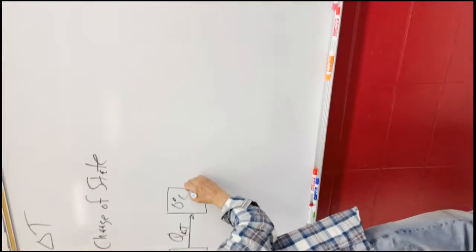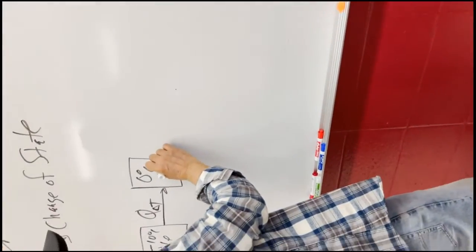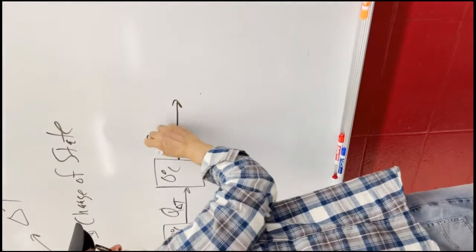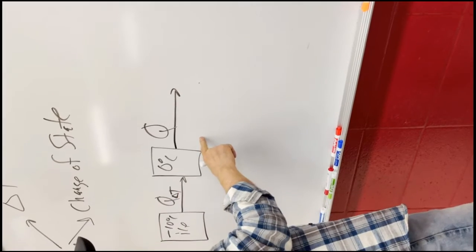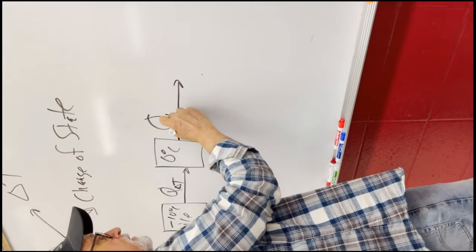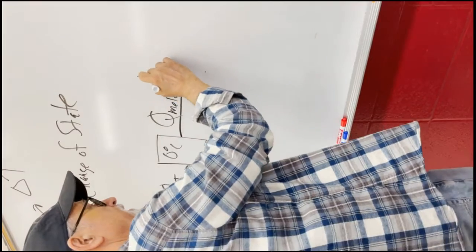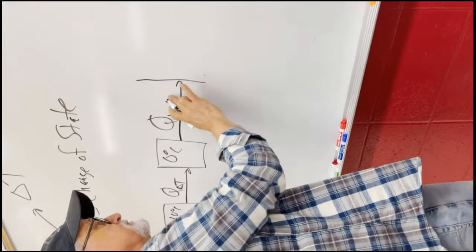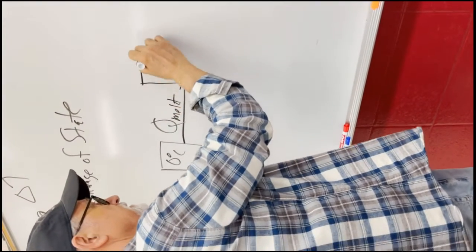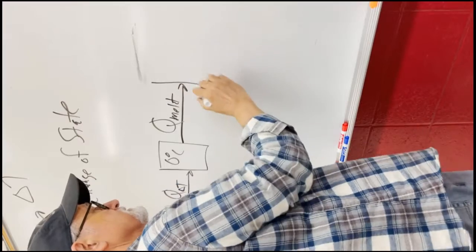Okay, and so then once you're at 0, you put heat in. What'll happen, that should be a T melt.